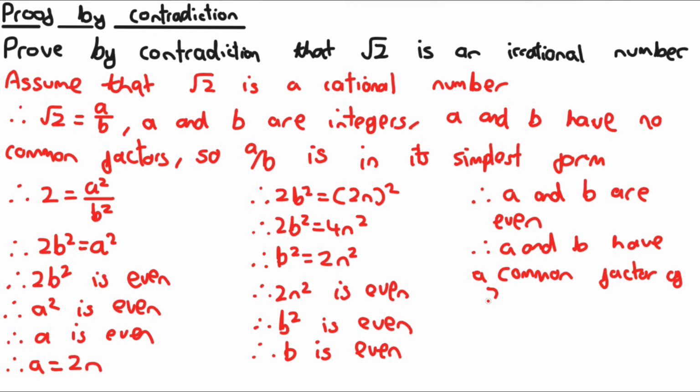Because they're both even, they can both be divided by 2. They can both be simplified. So therefore, we have contradicted that a and b have no common factors.